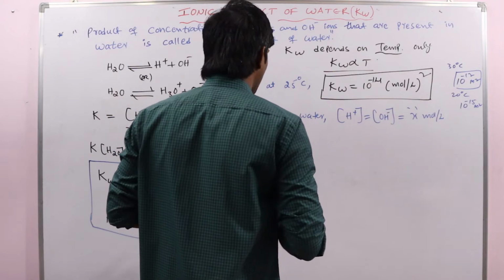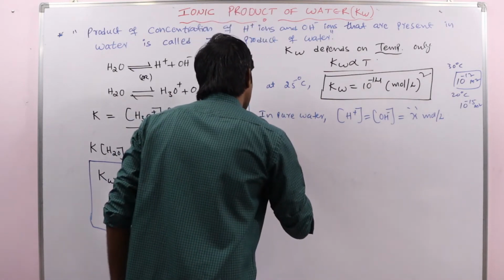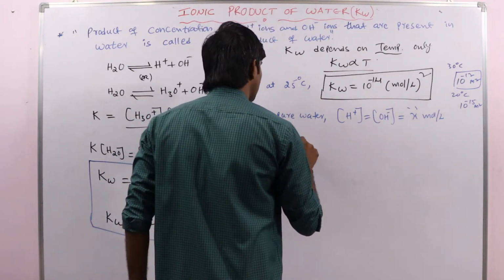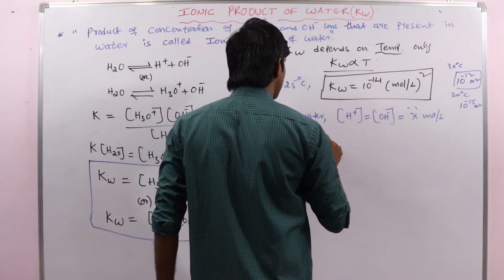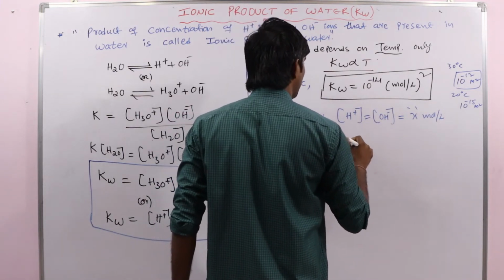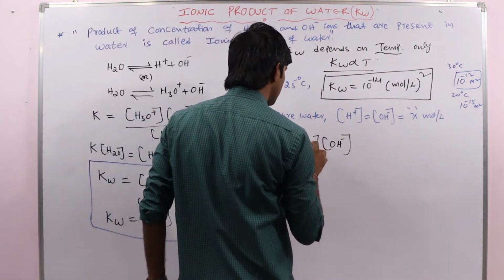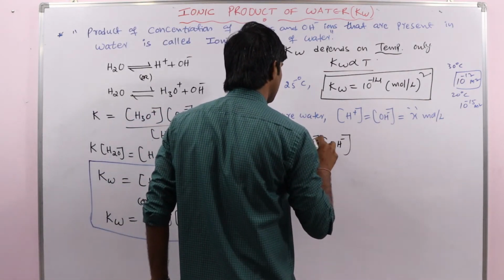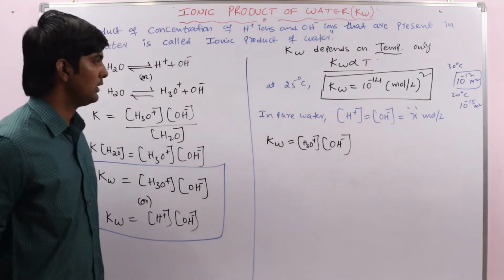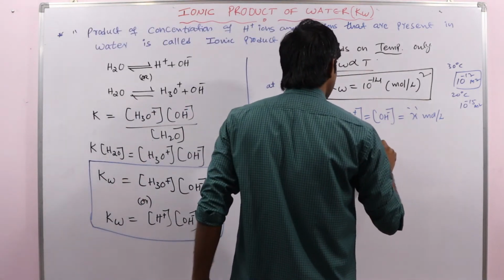Therefore, we can write Kw is equal to concentration of H plus into concentration of OH minus ions. Yes or no? Or here we can take H3O plus, more standard. Okay, H3O plus. That is equal to X square.